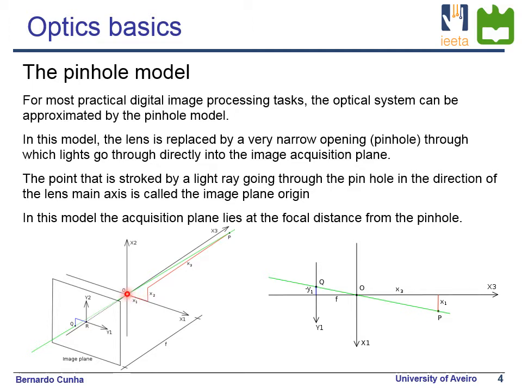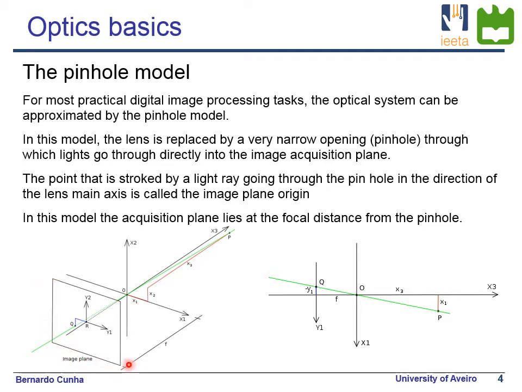This is the pinhole node. So if a point P in the external world is here at this point, there will be a light vector traveling in space, going through the pinhole and projecting on pixel Q on our sensor plane, which is, as you can see, on this rectangle.